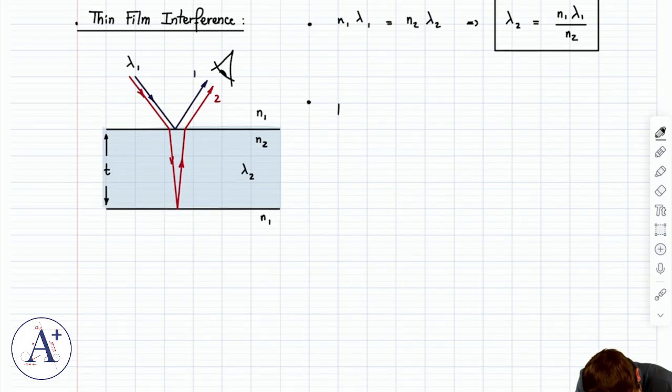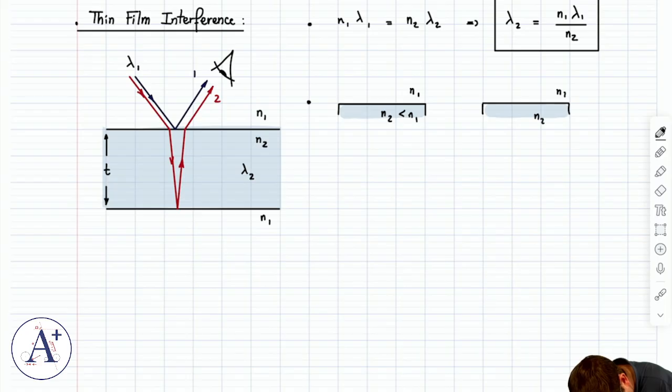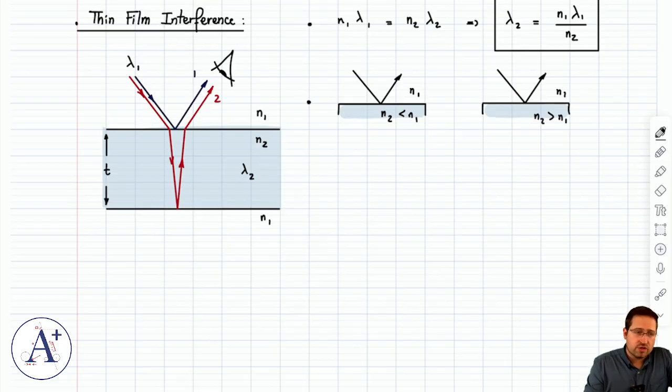And so if we have some medium here where n2 is less than n1, for instance, whereas here we have n2 is greater than n1, then as the light reflects off of this interface, you are either going to incur a phase shift or no. And what that means is you're going to incur an additional path length difference or no. So I'm not going to spend too much time on this, but here what's going to happen if n2 is less than n1 is that there is no phase shift.